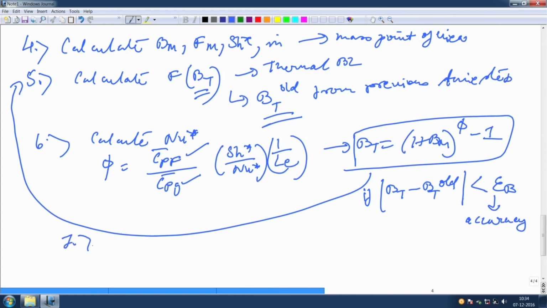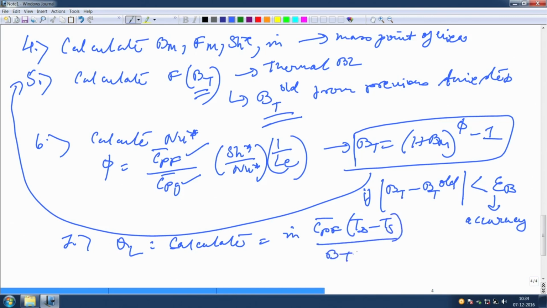Then the seventh step is you calculate QL, which is basically nothing but m dot CPF, if you recall, divided by BT minus LTS, using the value of BT that you got from the previous iteration.